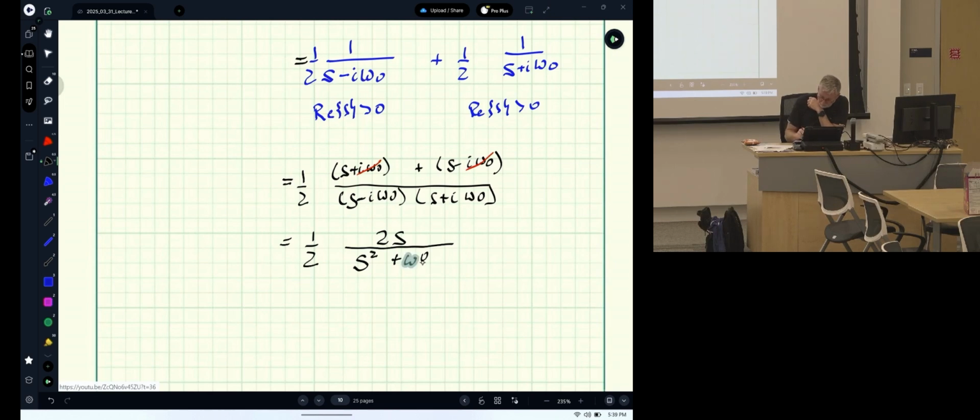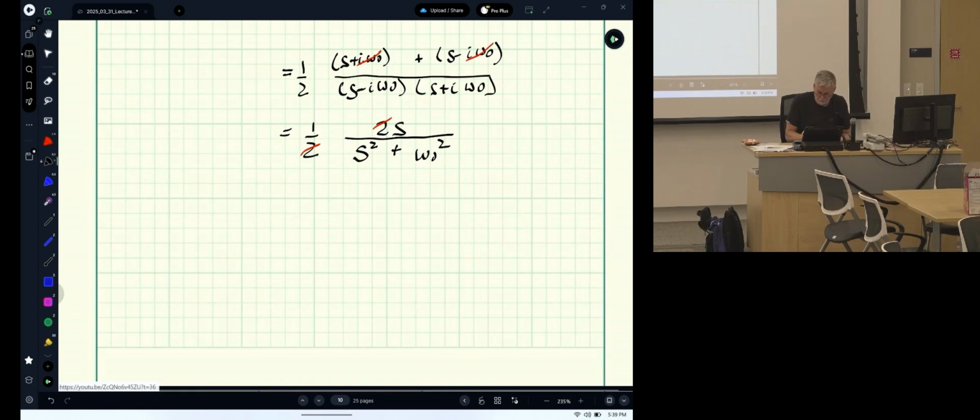Oops, not omega to the 0, Grizzle. It's omega naught squared. Then once again, region of convergence.